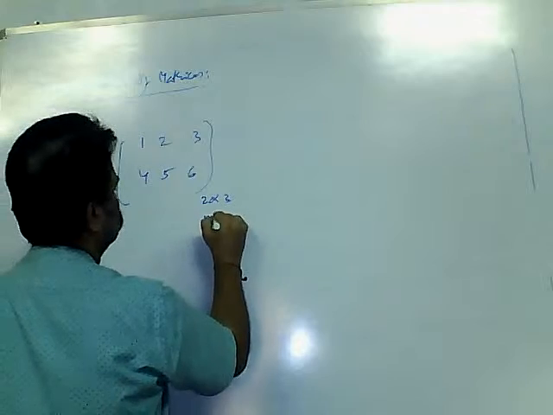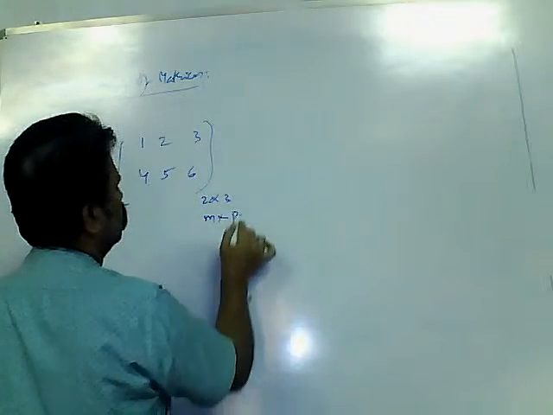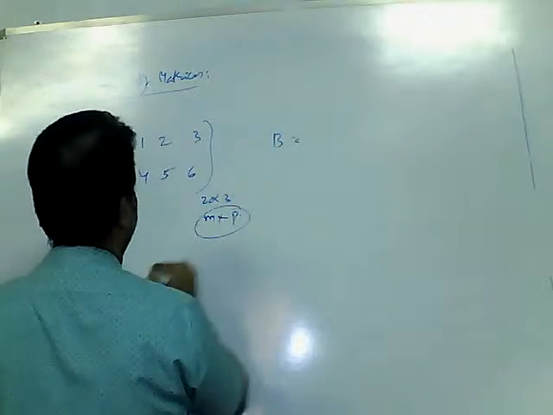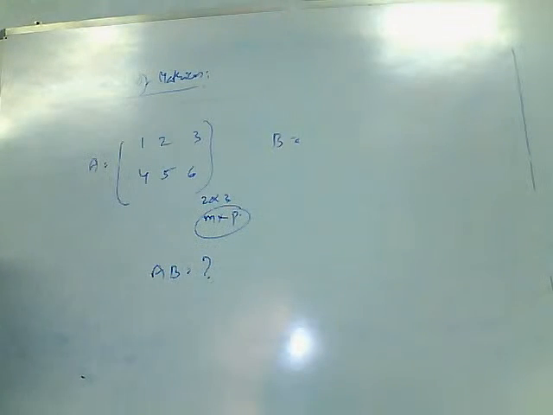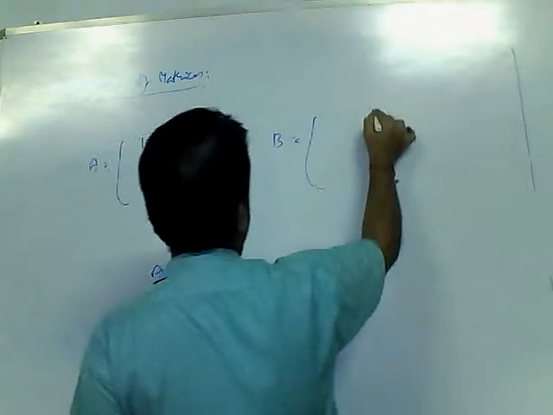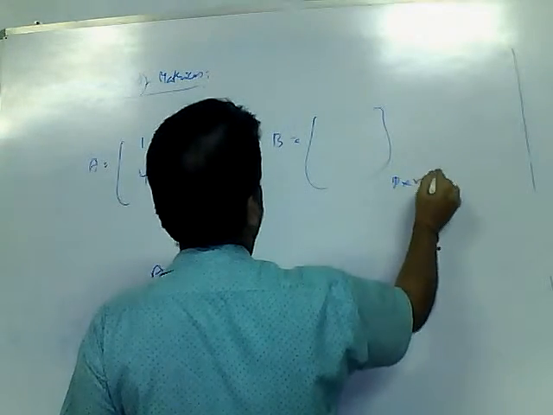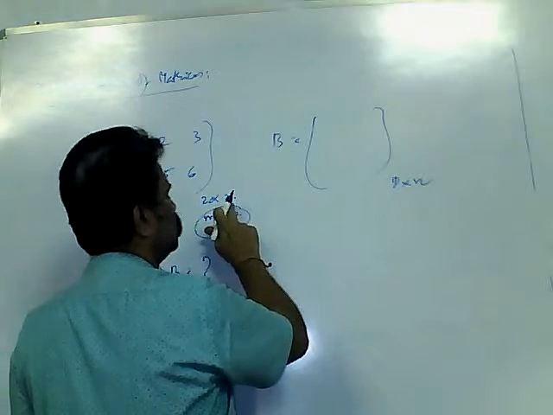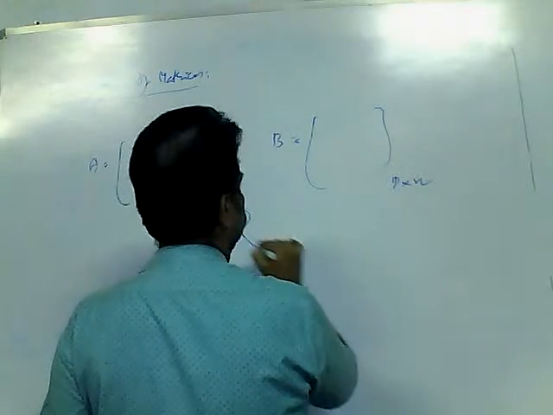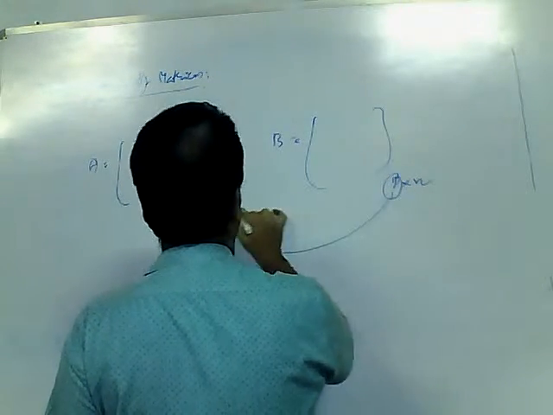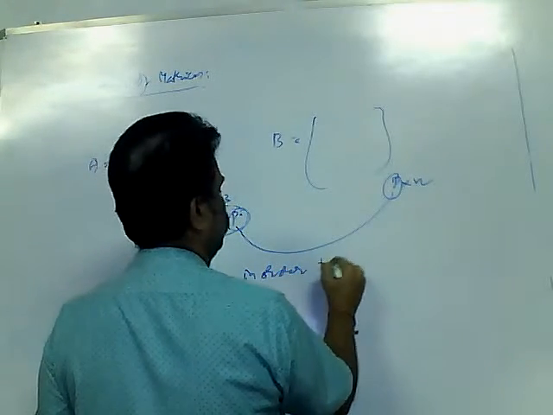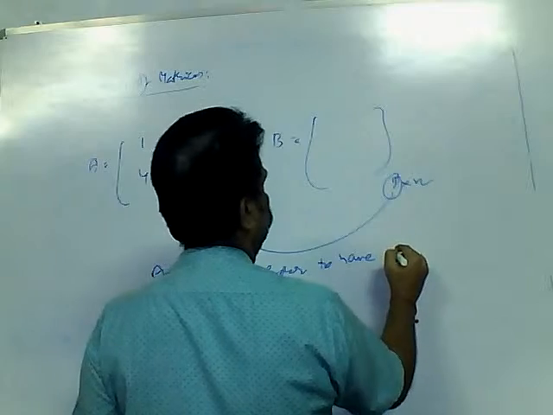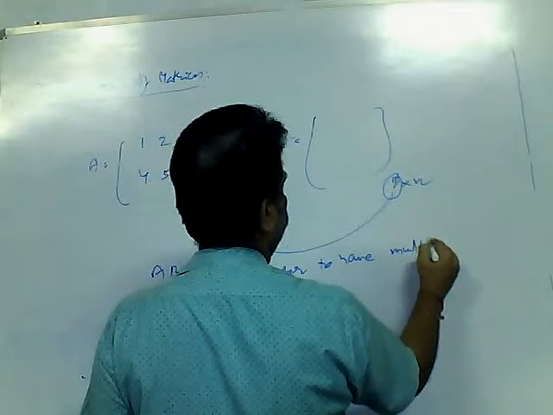So I can take this as M by P. Then I want to find AB, that is nothing but the product of A and B. I should take B's order such that it is P by N. So here the number of columns must be equal to here the number of rows. Right, means these two should be equal, in order to have the multiplication feasible.